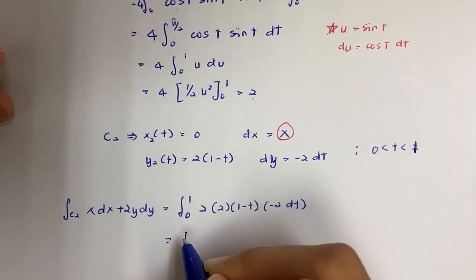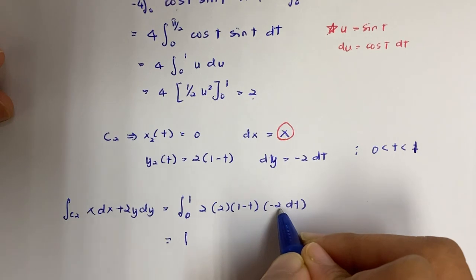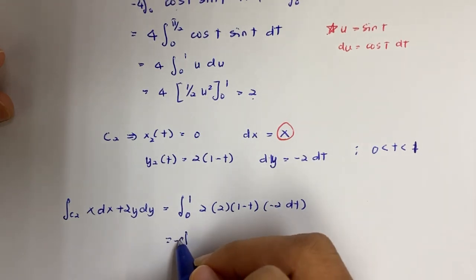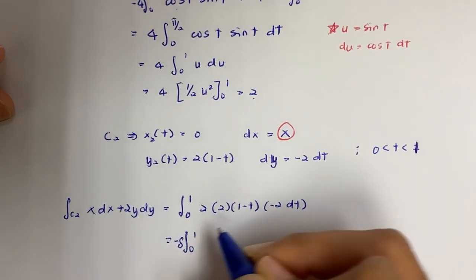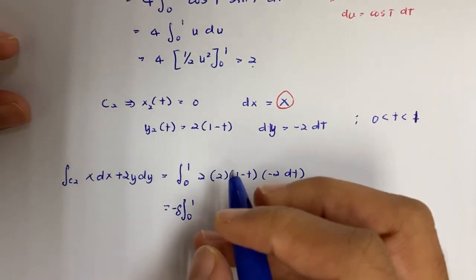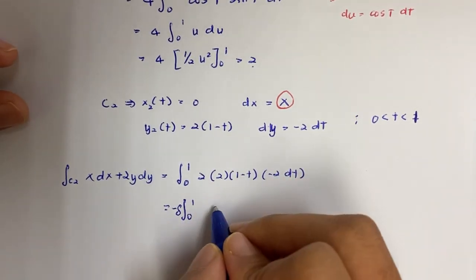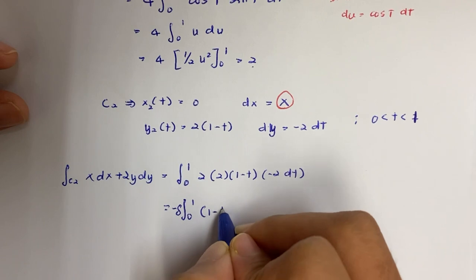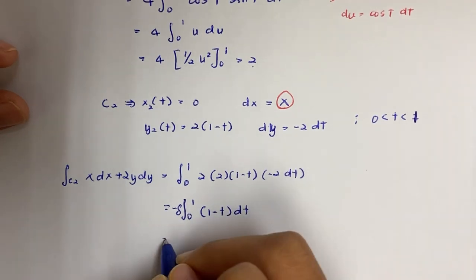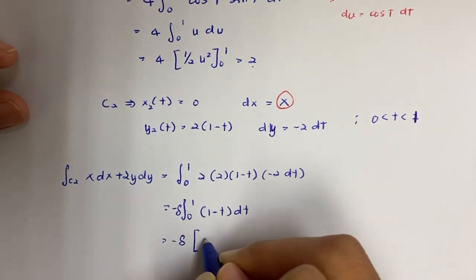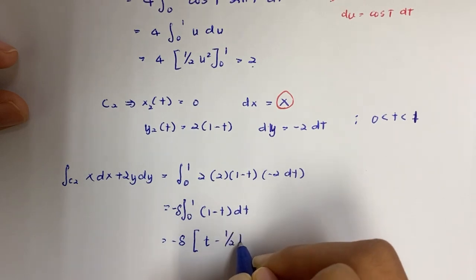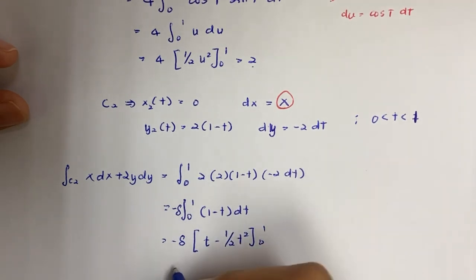So I have negative 8 integral from 0 to 1 of 1 minus t dt, which gives negative 8 times t minus 1 over 2 t square from 0 to 1.